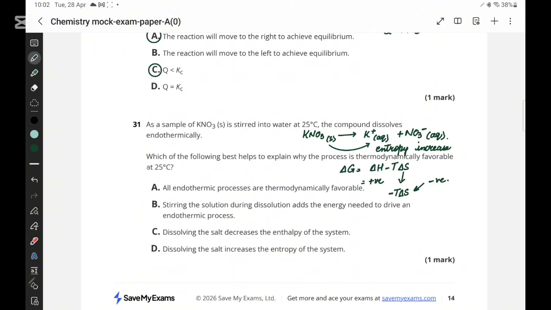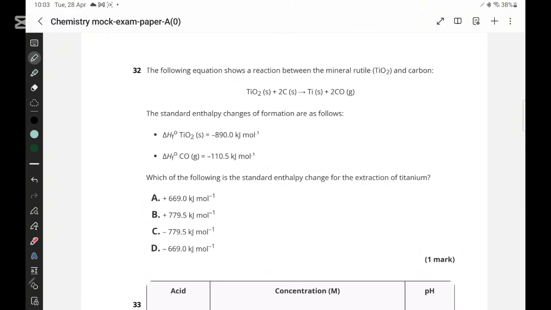So entropy is positive, that tells you when you are trying to dissolve from solid to liquid state, entropy increases, so this whole term becomes negative, delta G becomes negative. So dissolving the salt increases the entropy of the system. This is going to be the thing that tells us why the process is thermodynamically favorable at 25 degrees Celsius.